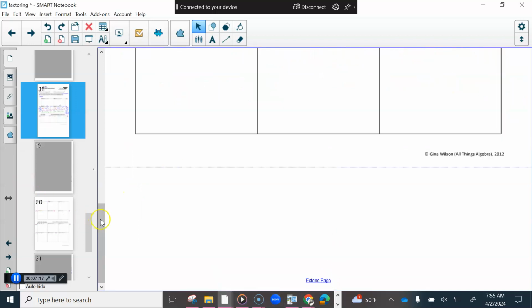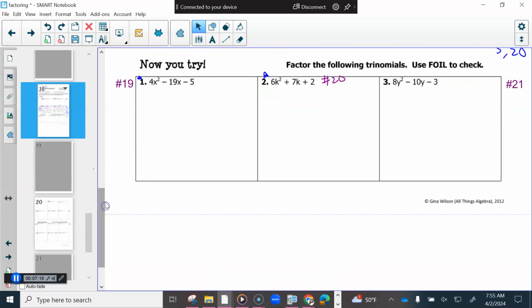Start with number 1. What do we get answer-wise for number 1? It's okay if it's not right. What'd you get?